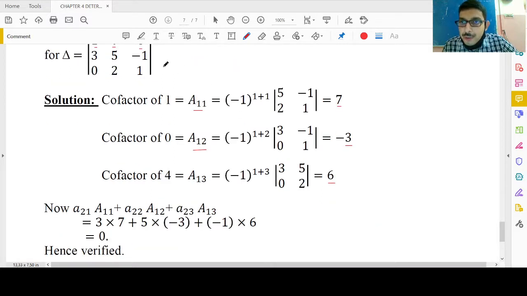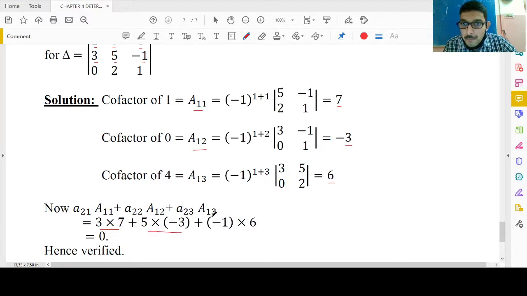Now what we are doing here, we are multiplying elements of second row, that is 3, 5, minus 1 with cofactors of first row. So a21, a11, a22, a12, a23, a13. So here 3 is multiplied with cofactor of 1, that is the first element, the corresponding, so 3 into 7 plus 5 is multiplied with cofactor of the second element, that is minus 3, so 5 into minus 3.